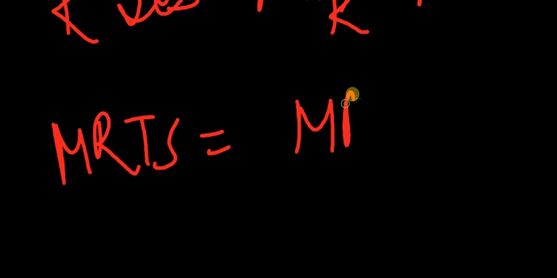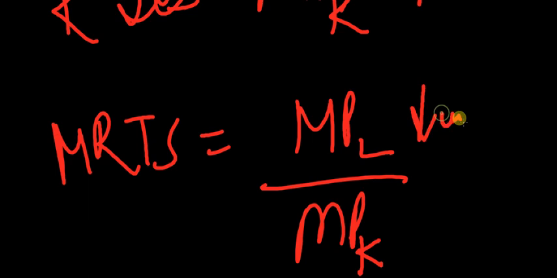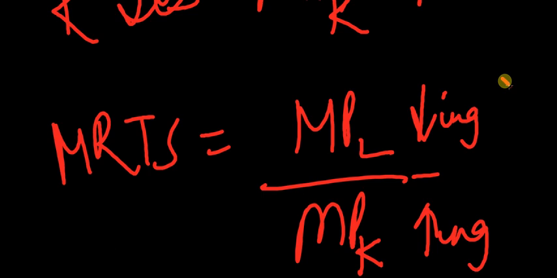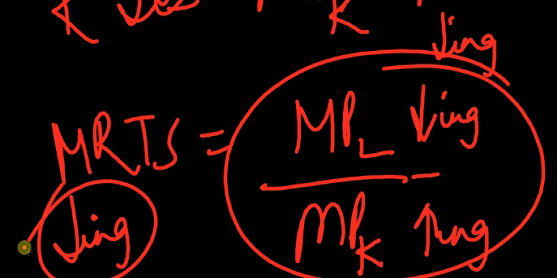Now MRTS is MPL by MPK. MPL is decreasing, MPK is increasing, so this entire ratio is decreasing, so MRTS is decreasing. Okay, so this is the reason why MRTS falls.